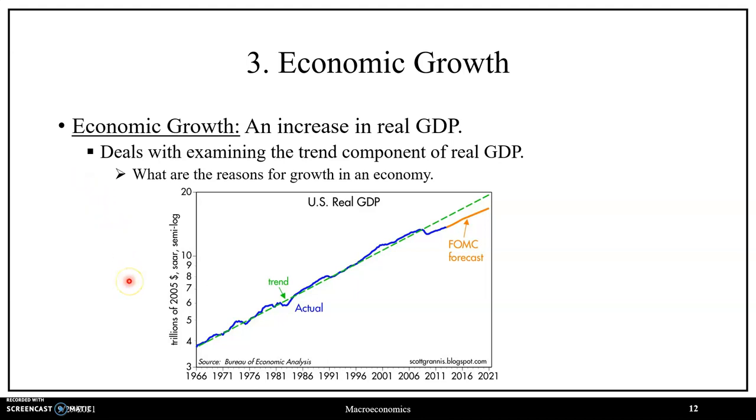Here below we have a graphical representation of real GDP for the United States from 1966 until 2021 with forecasted values, where this blue line represents real GDP and this green dashed line represents that trend or constant growth rate of real GDP.